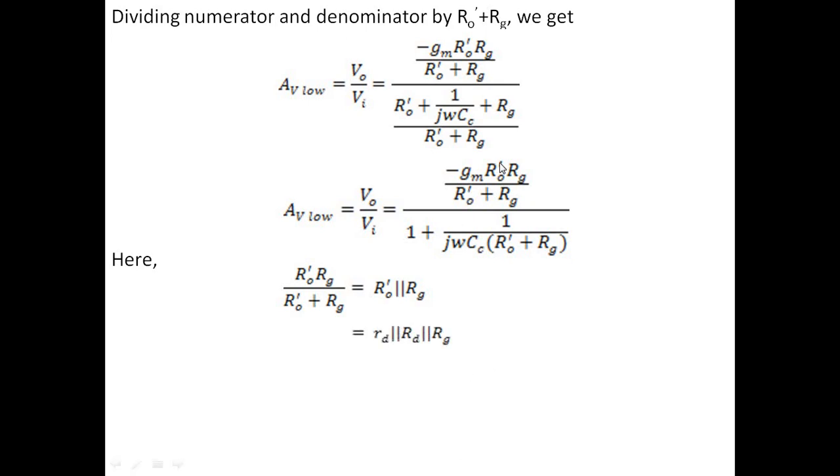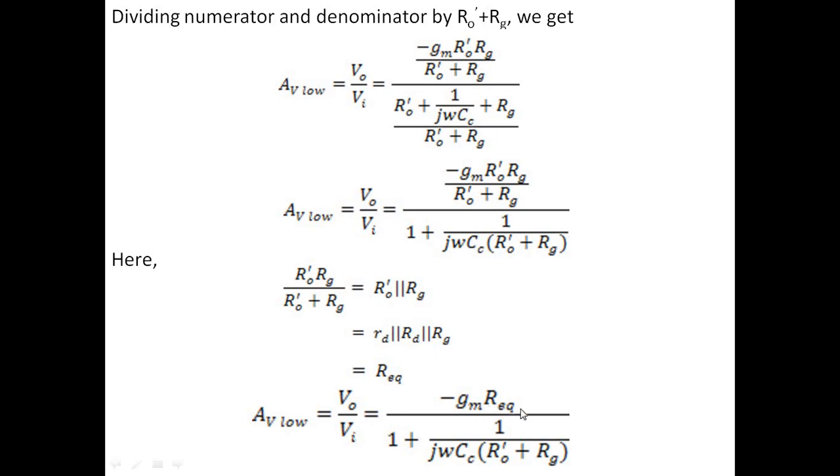Replace this: R0 dash into RG divided by R0 dash plus RG is the parallel combination of R0 dash and RG, that is small rd in parallel with capital RD and capital RG, which is R equivalent. Now I can rewrite the formula as AV low equal to minus gm R equivalent divided by 1 plus 1 by j omega CC into R0 dash plus RG.